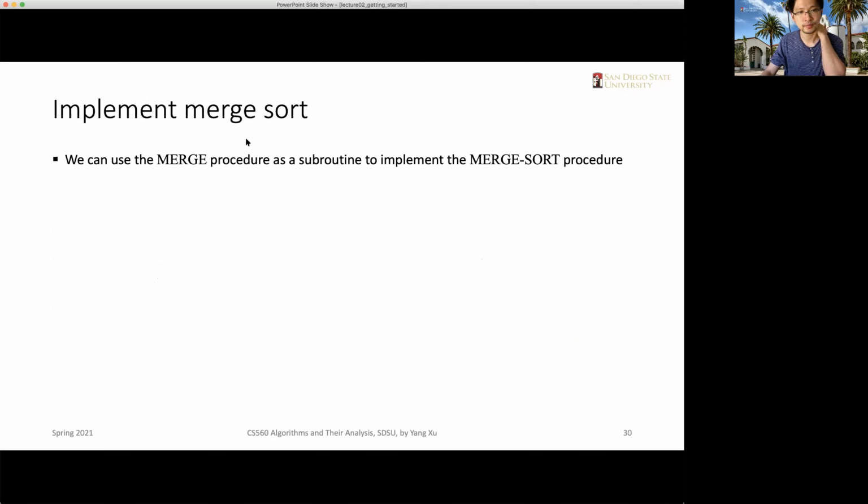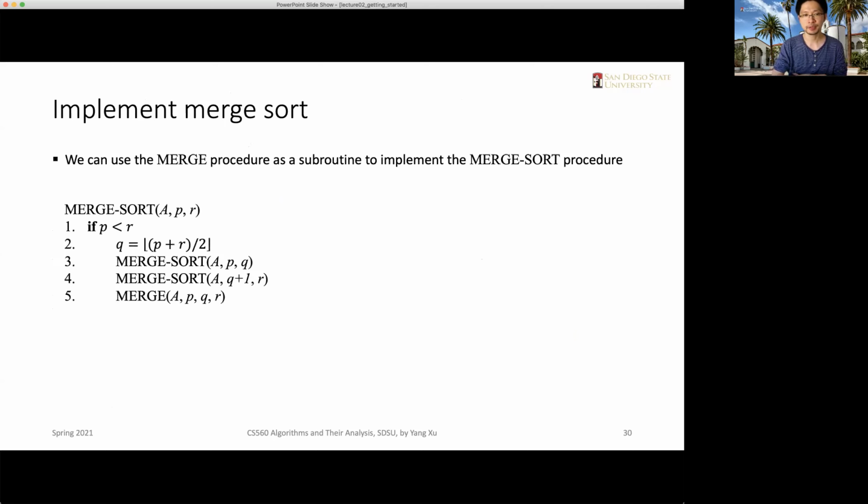So now, given the merge algorithm, we can use it as a subroutine to implement the merge sort procedure. Finally, we want to implement merge sort. If we look at the code, it's actually quite simple. That's it, just five lines of code.